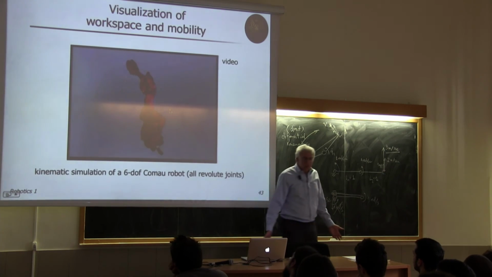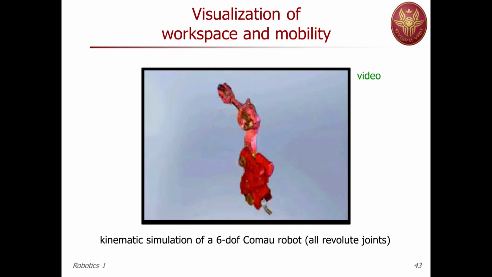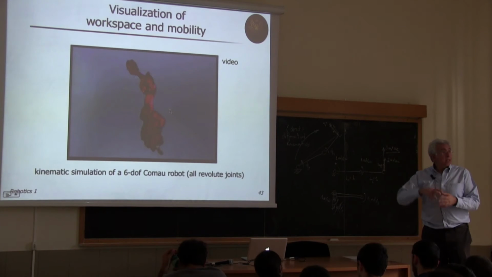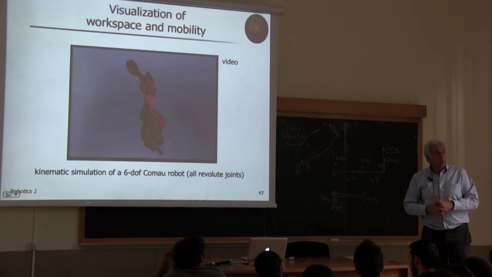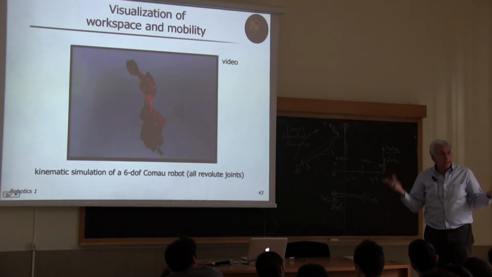Or to visualize workspace, you can do a simulation, a graphical simulation in which you describe the various links and how they move with respect to the previous one, and we will use a standard formalism which is called Denavit-Hartenberg convention, so a way to describe any serial kinematic chain, no matter which sequence of joints you have, no matter which length you have, no matter how the joint axes are placed in space.